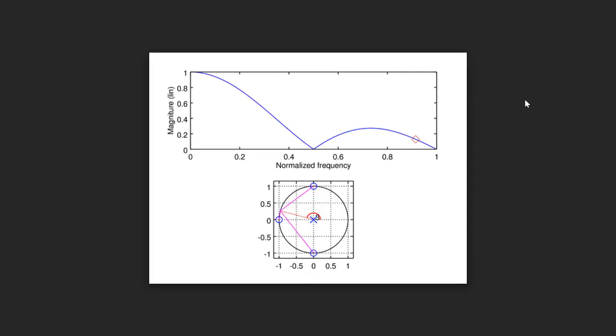The red line here shows the e^(j omega), that's the vector from 0 to e^(j omega). And then it calculates the distances to the zeros and the distances to the poles. The distance to poles in this case is exactly the same, so it doesn't change. It's 1 all the time.